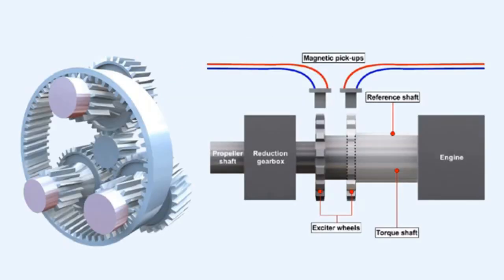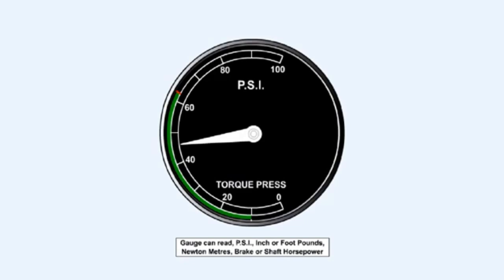There are two main methods employed in measuring the torque of the engine. One uses oil pressure, and the second is an electronic device. The units of measurement vary between systems. The indicator gauges may be calibrated to read pounds per square inch or foot-pounds, Newton meters, brake or shaft horsepower.